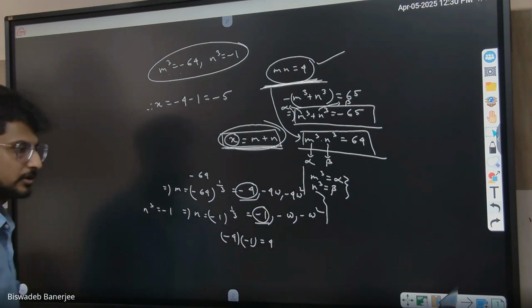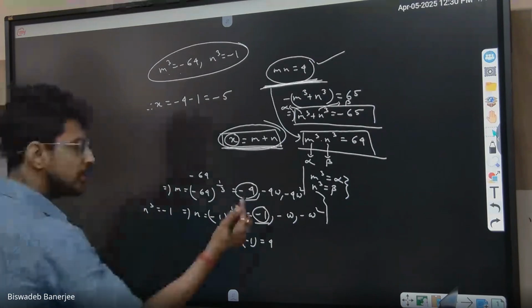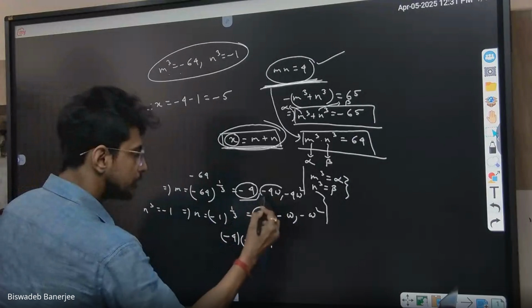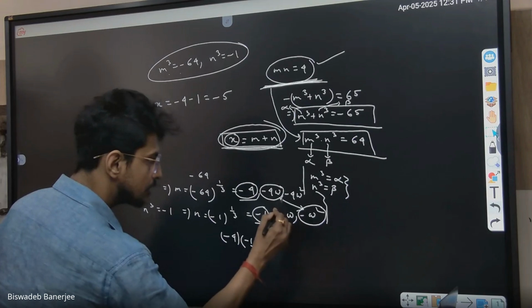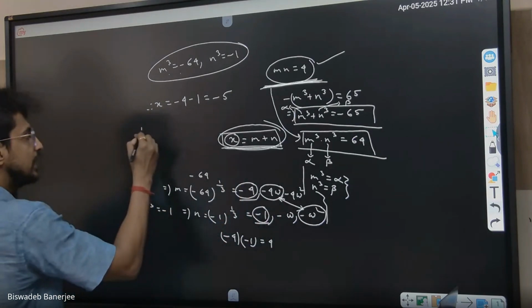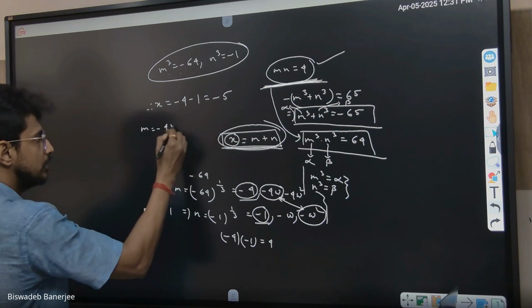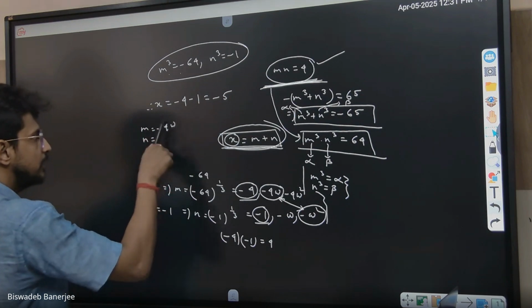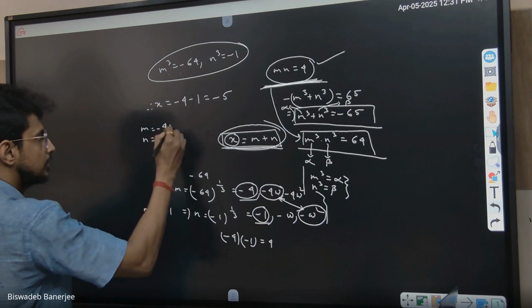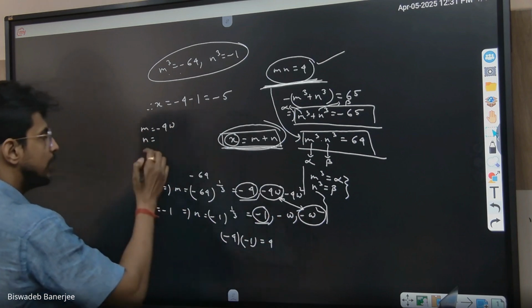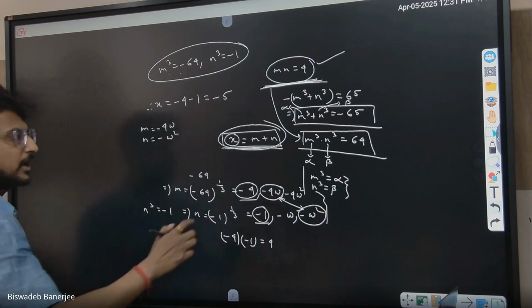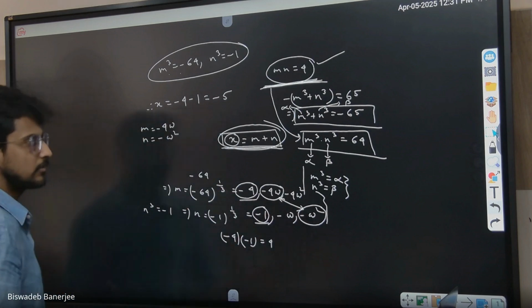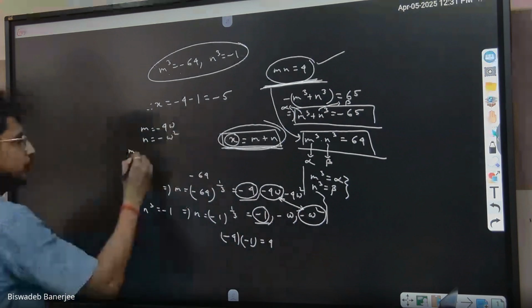Next. Now let us take m equal to this and n equal to this. If we take m equal to minus 4 omega and n equal to minus omega square, then what is my m into n?